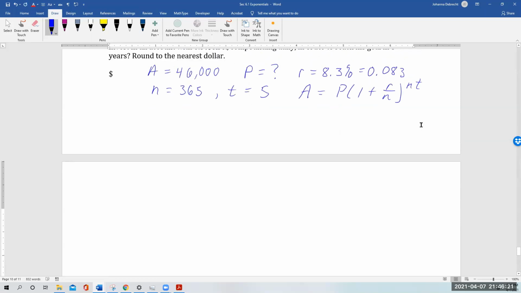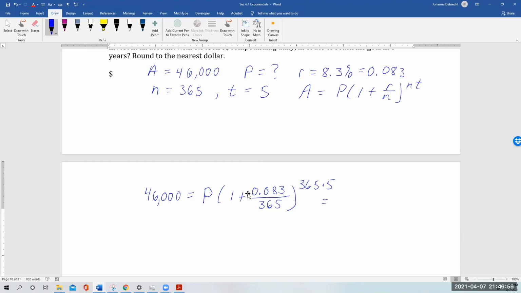Now let's put our numbers into the equation and see if we can solve for P. This gives me $46,000 on the left equal to the unknown P times 1 plus 0.083 divided by 365 raised to the 365 times 5 power. 365 times 5 is what I'm going to do first so that I know what the number is and I'm ready to work in the calculator.